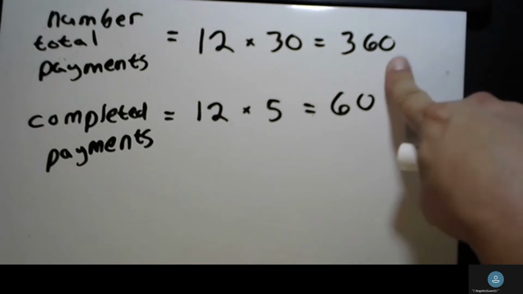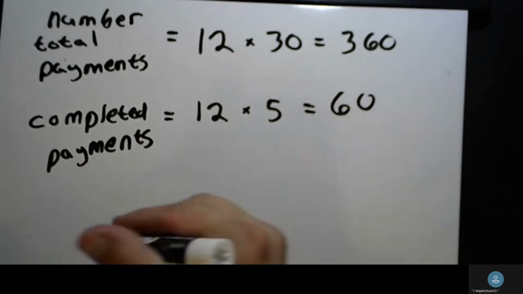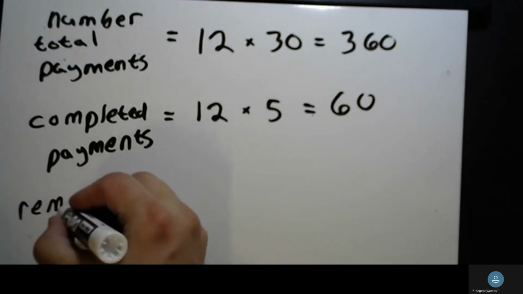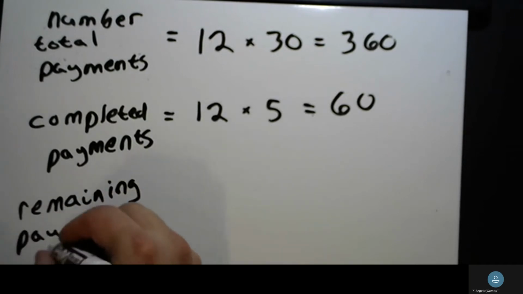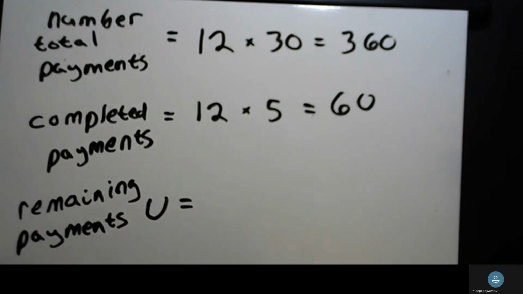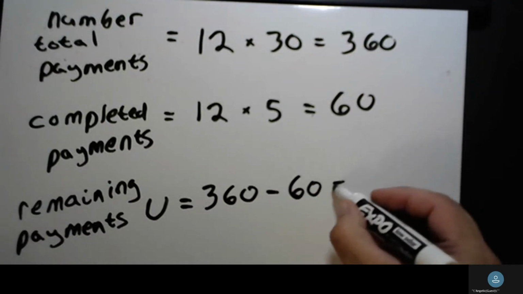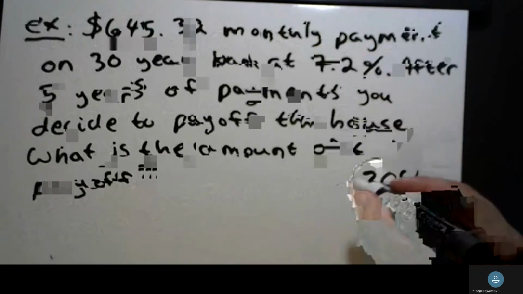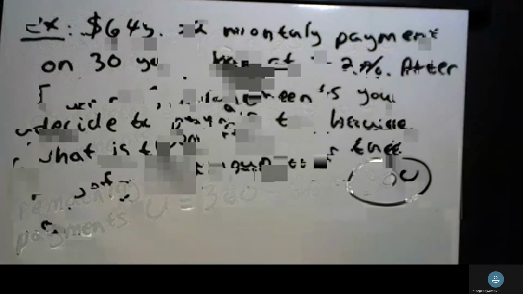You need to make 360 to pay off this house. You've made 60 already. So the remaining payments U is 360 minus 60, or 300. So U is going to be 300. Any questions about that?